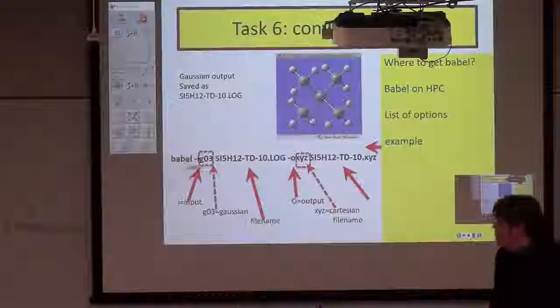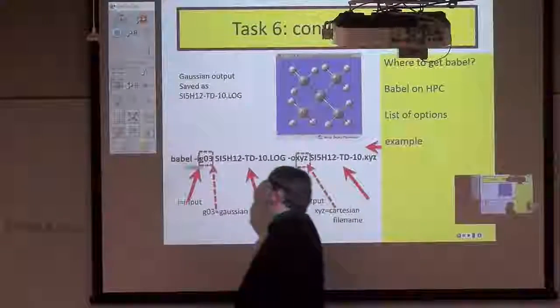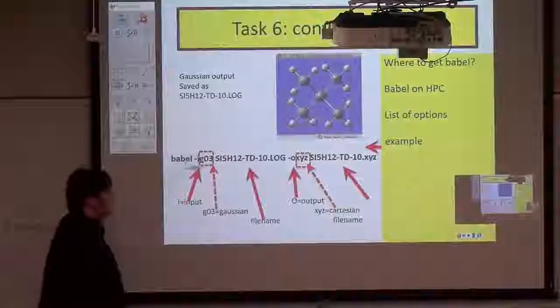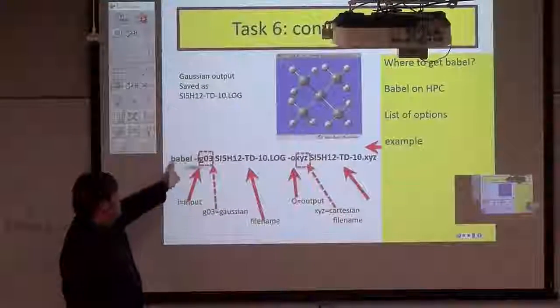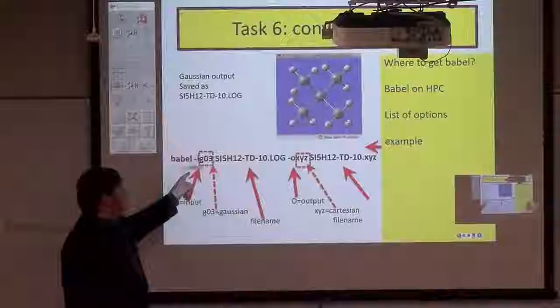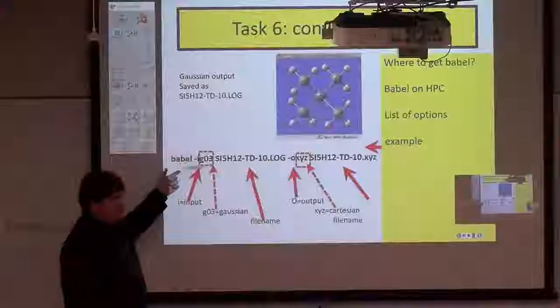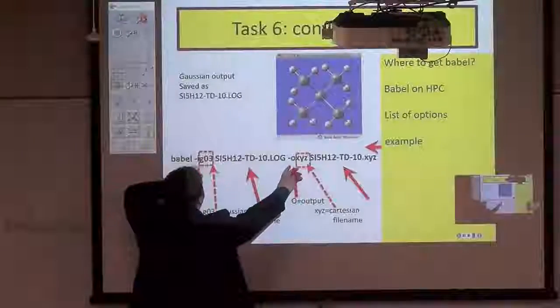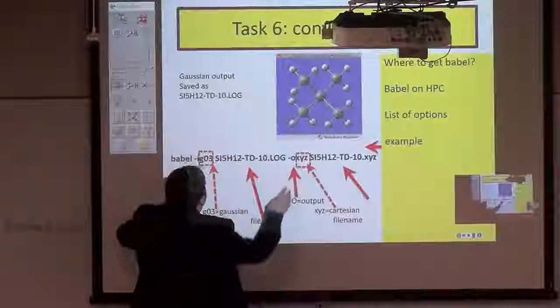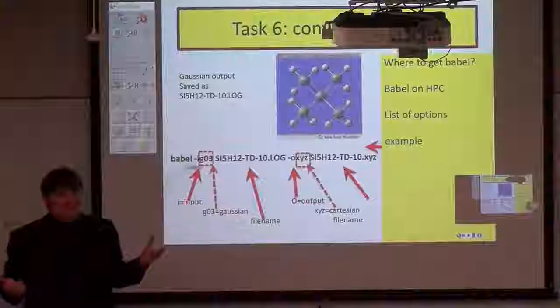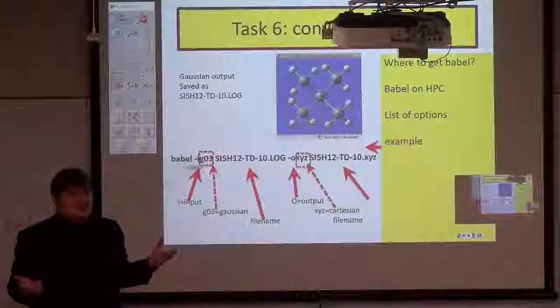So here's the format of using Babel. You type the keyword, the name of the script, and then you use arguments. It seems so simple, but I don't have words.